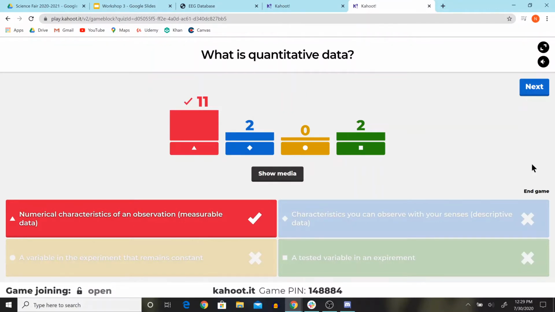So it has to be measurable data. Descriptive data would be considered qualitative data. And a tested variable is just an independent variable.